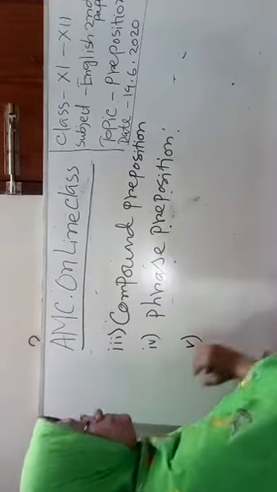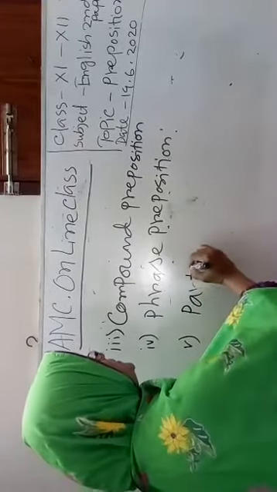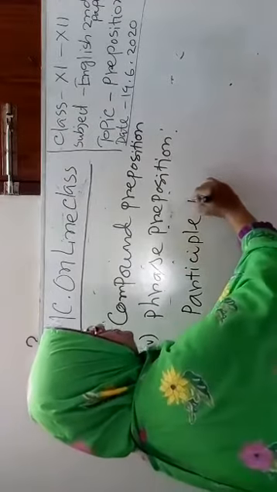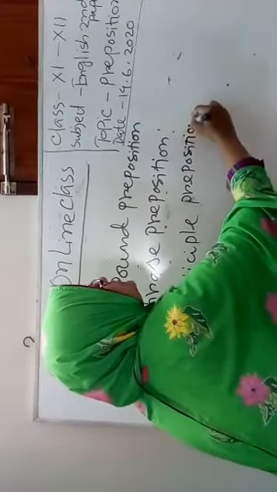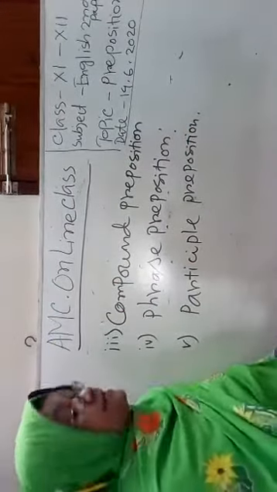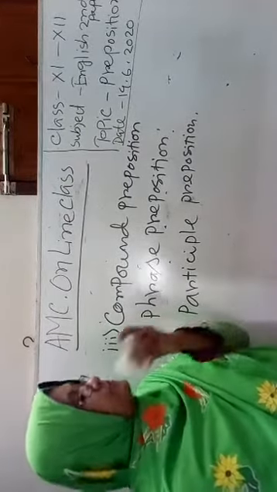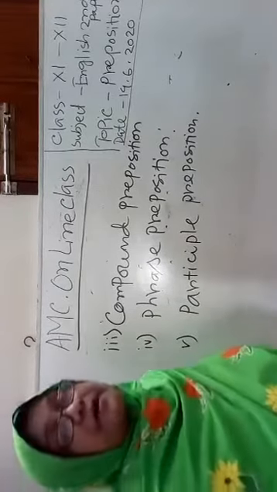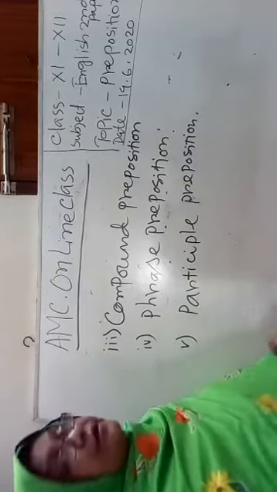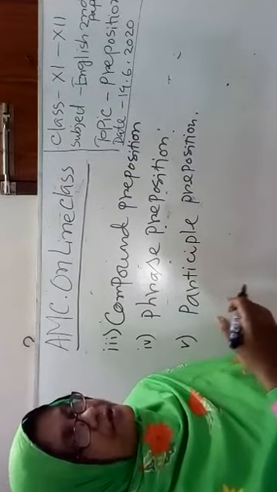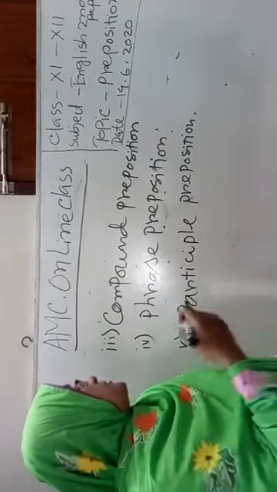Number 5, participle preposition. In English grammar, you know there are three types of participle: present participle, past participle, and perfect participle. Among them, present participle and past participle are used as preposition. When present participle or past participle are used as preposition, it is called participle preposition.